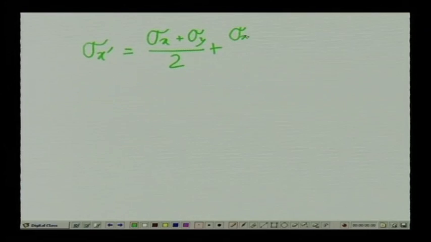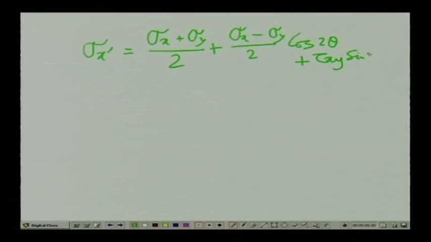If you remember the transformation equation on any plane, sigma x dashed equals (sigma x plus sigma y) by 2, the normal stresses, plus (sigma x minus sigma y) by 2 times cos 2 theta plus tau x y sin 2 theta.